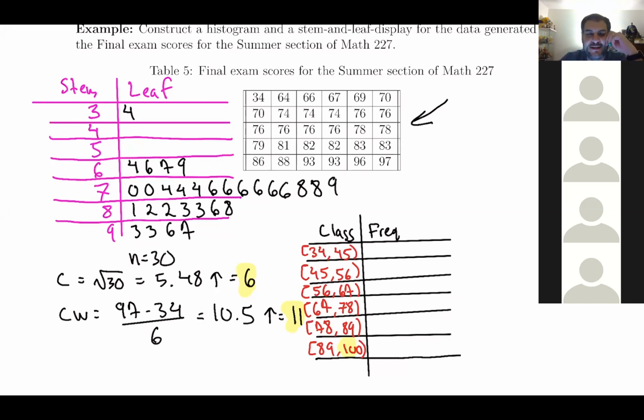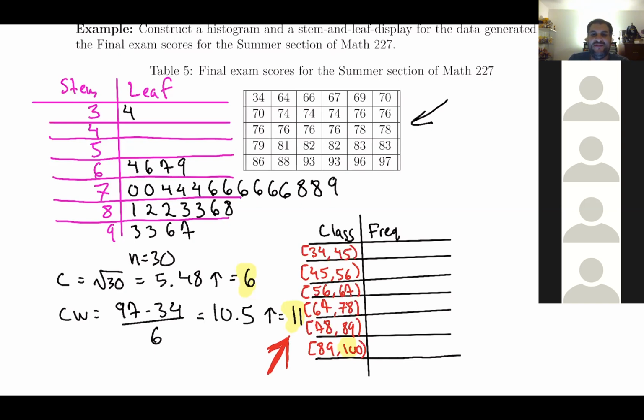Any question in regard to my class? All right, so let's do frequency. The reason why we get 11 is right over here, our class width. All right, so up next we're going to do frequency.